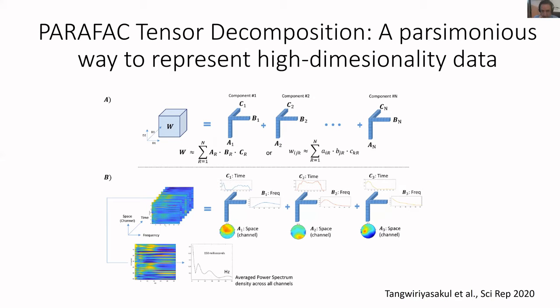The idea is the following. If we have a 3D space, basically a 3D space like a 2D space, it can be decomposed in a linear combination, in a sum of the outer products of different tensors.